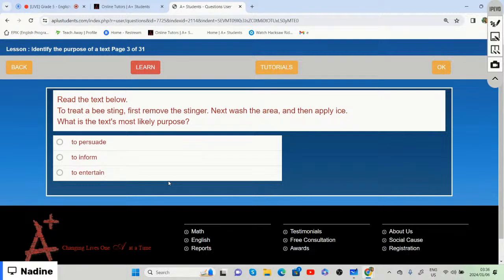So, to treat a bee's sting, first remove the stinger, next wash the area, and then apply ice. Are they trying to persuade us to do something? Or they're just informing us about what to do? Or they are about to entertain us?